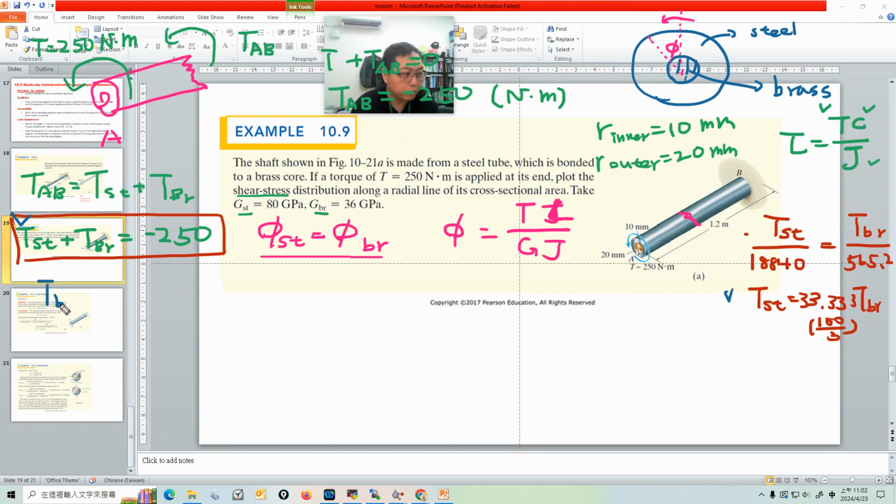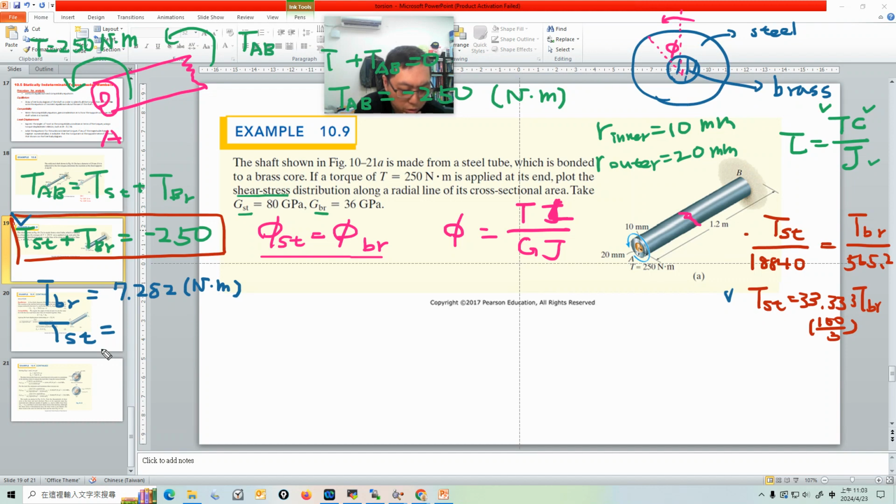So I think you will have TBR equal to, my answer is 7.282 Newton meter. And the TST, it's minus. Why am I getting the minus? TST plus TBR. Do I have the minus answer?